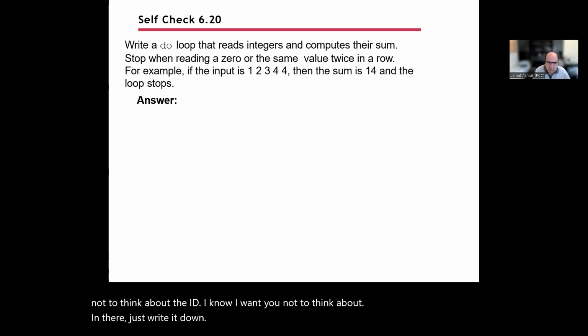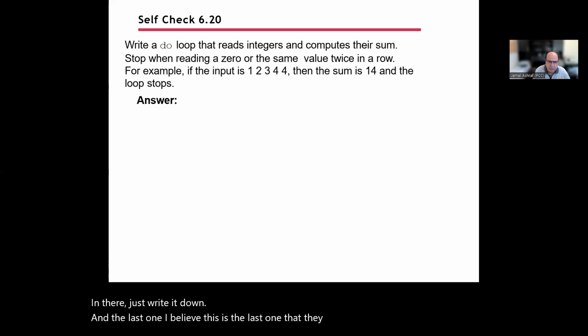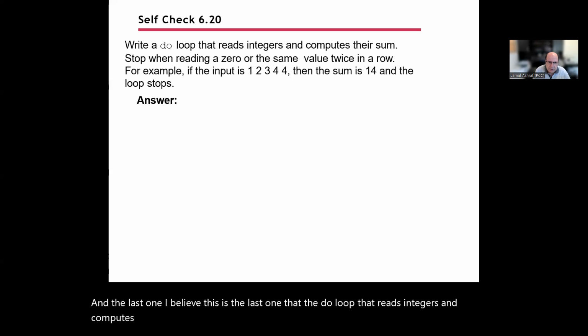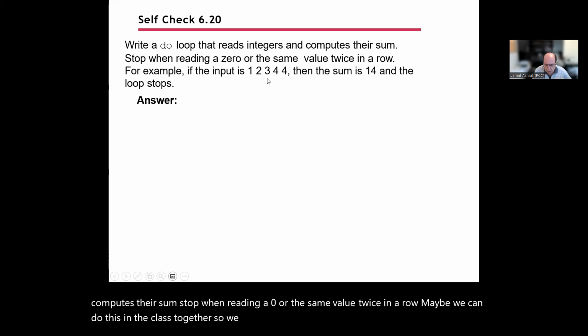And the last one, I believe this is the last one, is the do loop that reads integers and computes their sum, stop when reading a 0 or the same value twice in a row. Maybe we can do this in the class together. So we are putting the numbers and then we are checking to see if the 0 is entered. So one condition is the user put a 0.